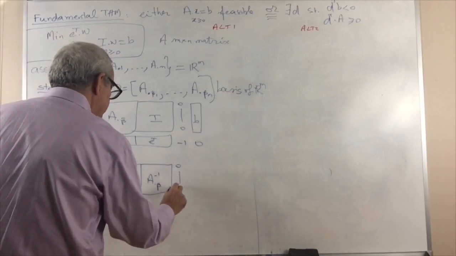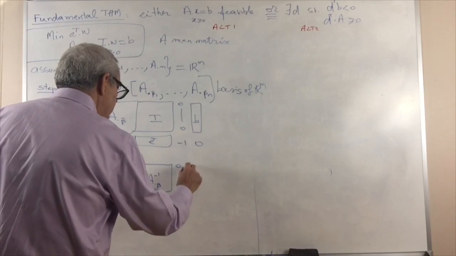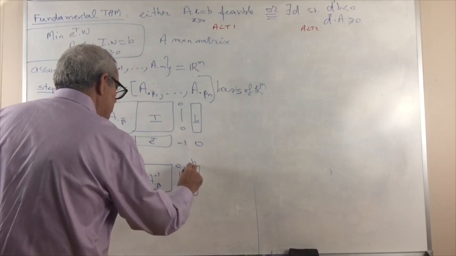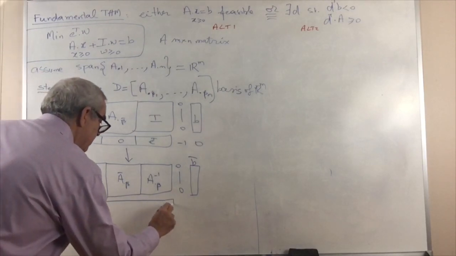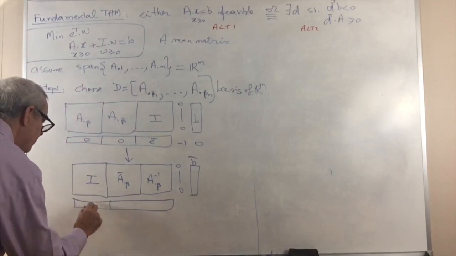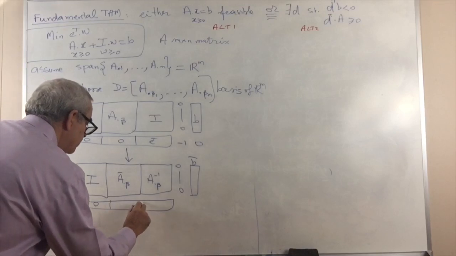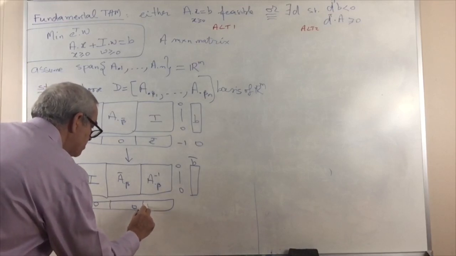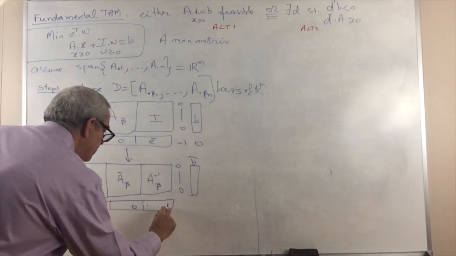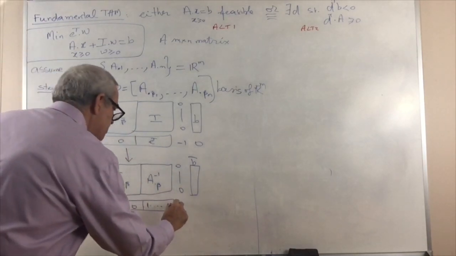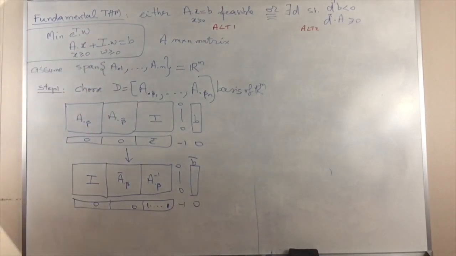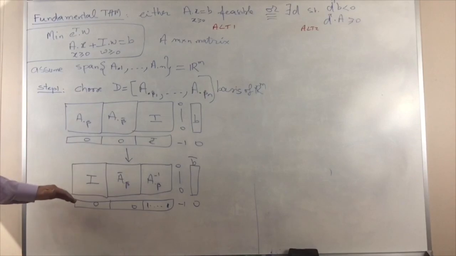Here is 0, 0. And this is B bar. And then the bottom stays the same. So 0, 0. And here just a bunch of 1s. Right, E transpose, and here -1 and 0. Okay. So by just multiplying by A dot beta inverse.